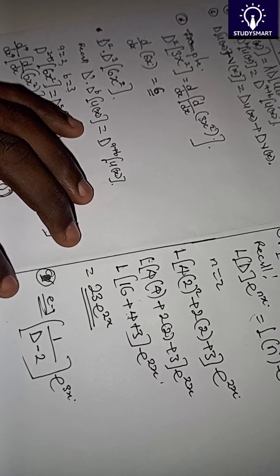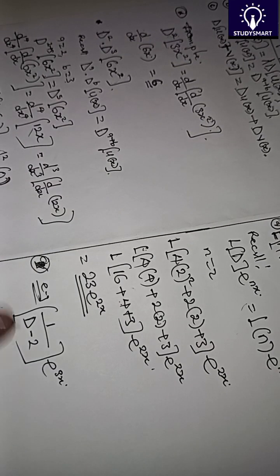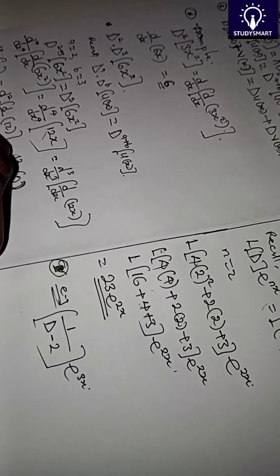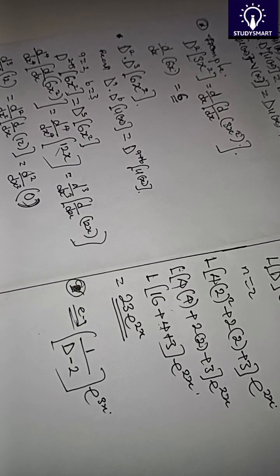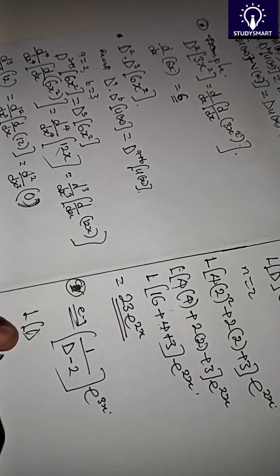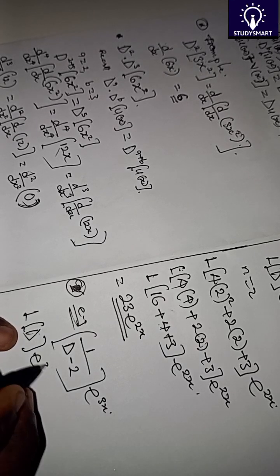You can see that this also relates to the first. If I want to rewrite this thing using the rules here, I'm going to be having L of D to exponential 3x.